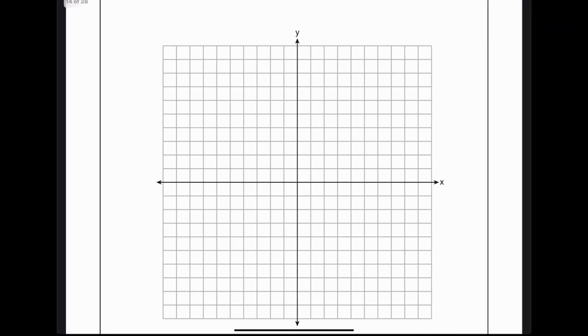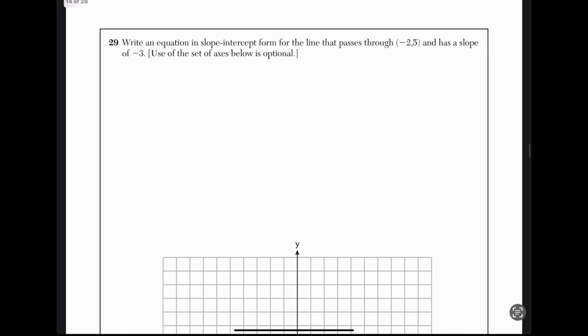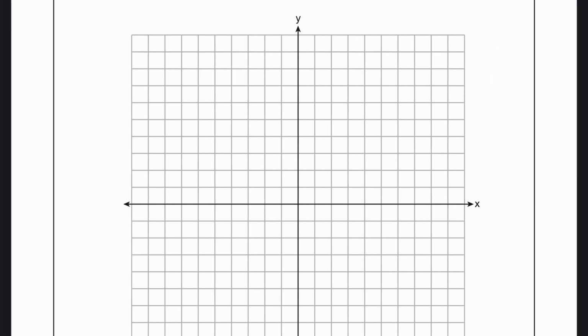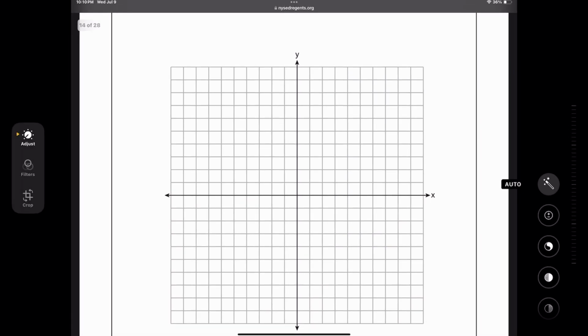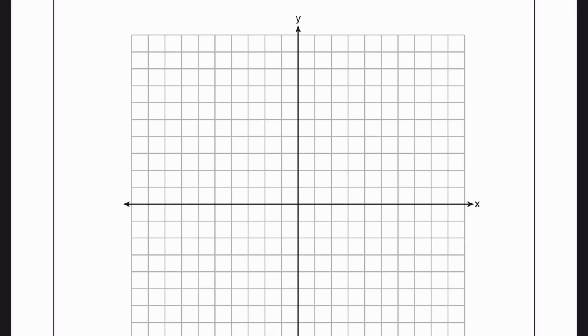If you want to do it on your graph, you could do that too. Plot negative 2, 5. And we already know, guys, that the slope is negative 3, so we're just looking for the y-intercept.